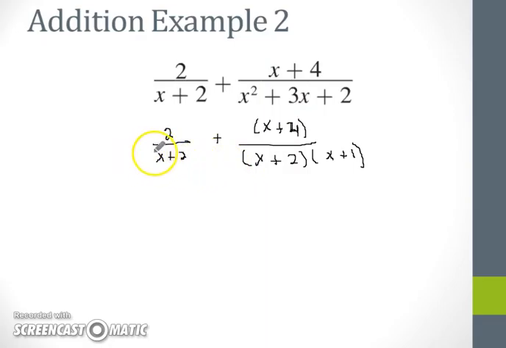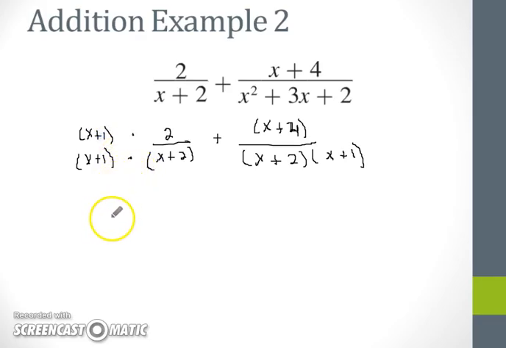So now we can clearly see what our denominator would have to be. This denominator has two binomials. They both share this x plus 2, so we're actually just multiplying this first fraction by this x plus 1. So we'd have to multiply the denominator by x plus 1 and that numerator by x plus 1.